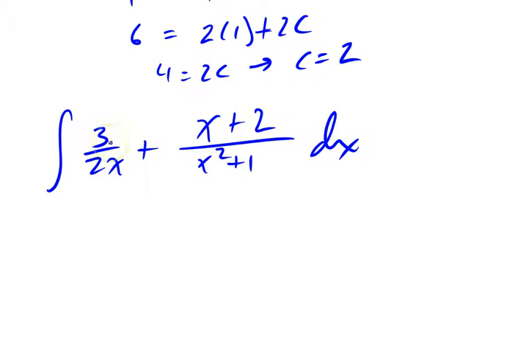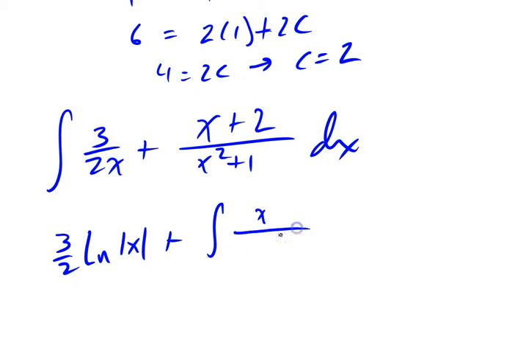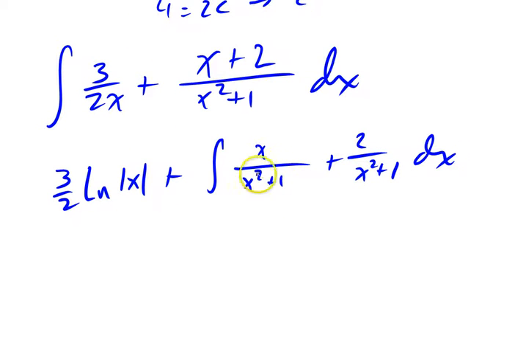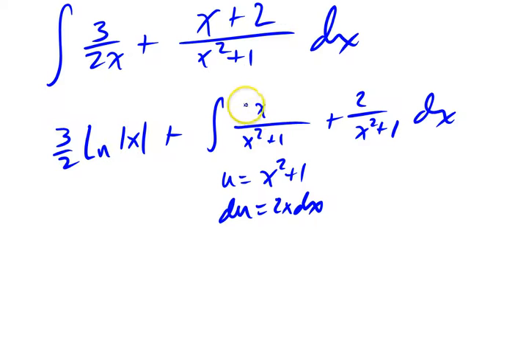This one is just going to be 3/2 times the natural log of the absolute value of x. But now I got to figure out how to do this integral. And generally what happens on these things is you can break them up. So for instance, if I write this as x over x squared plus 1 plus 2 over x squared plus 1, then this one works with a u substitution because you do u equals x squared plus 1, so du is 2x dx, and so I'm missing a 2, so put a half out in front of that.